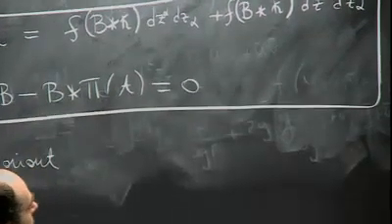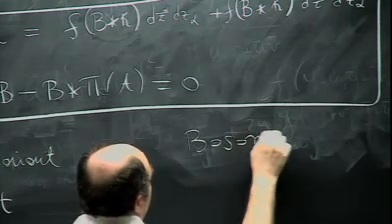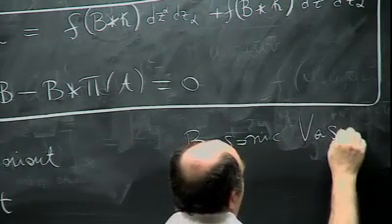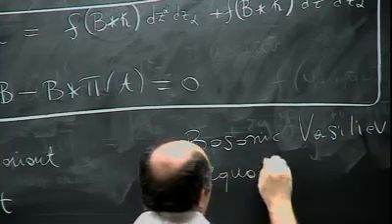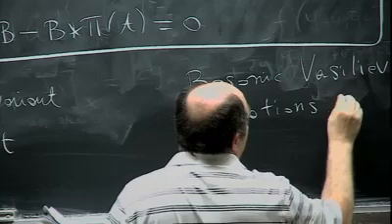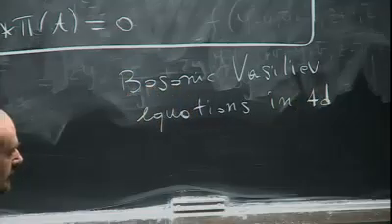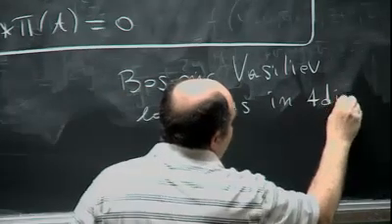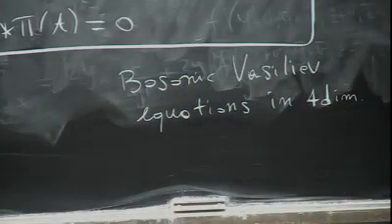Okay, so this is the most general bosonic Vasiliev equations in 4 dimensions. Now they look simple.